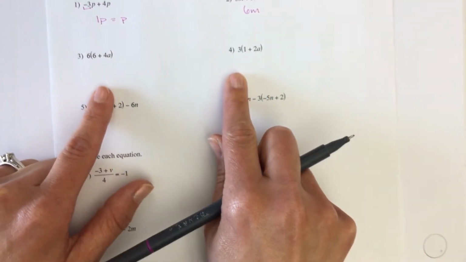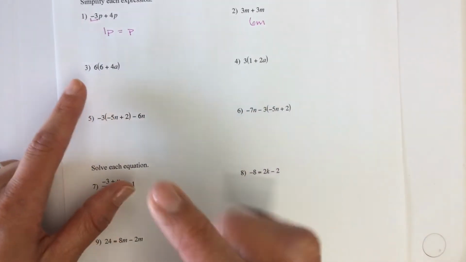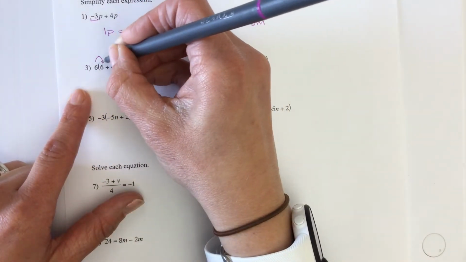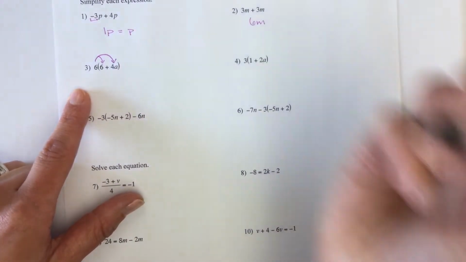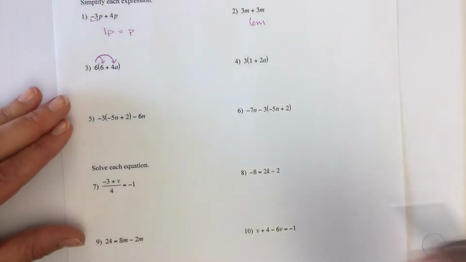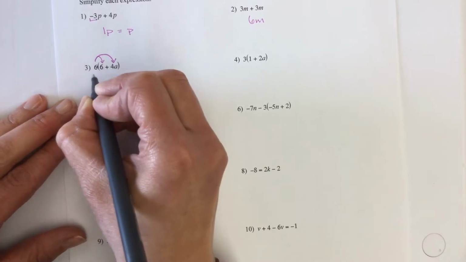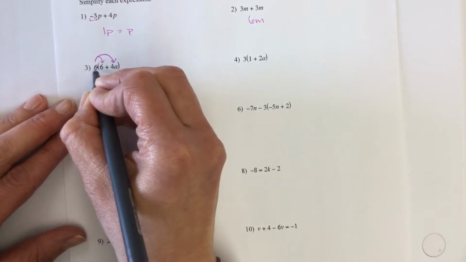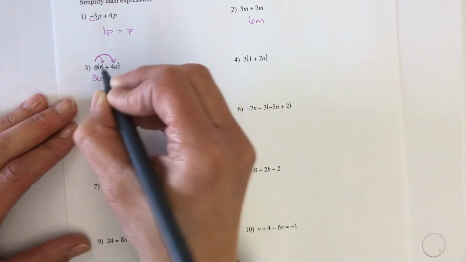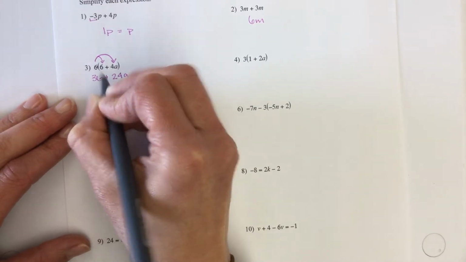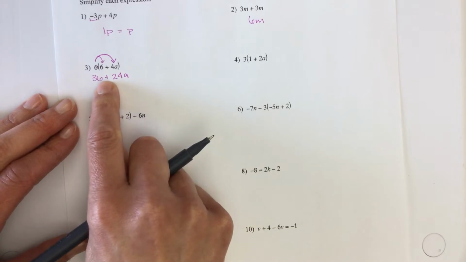Then I threw in a couple that had a number on the outside of the parentheses. This means that we just need to distribute it to what's inside the parentheses. When it's on the outside, it means multiplication. So 6 times 6 is 36. 6 times a +4a is a +24a, and I just let that positive represent my plus sign.